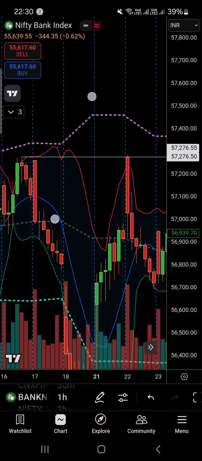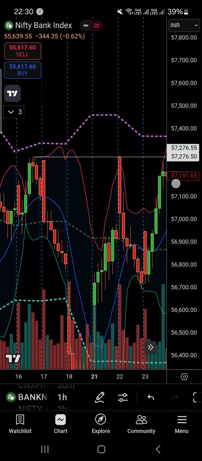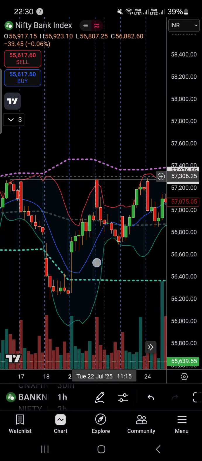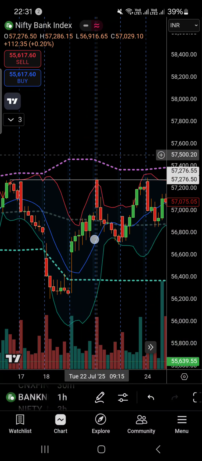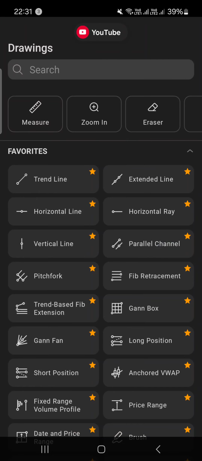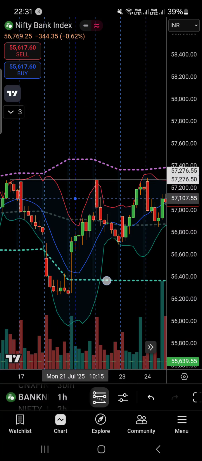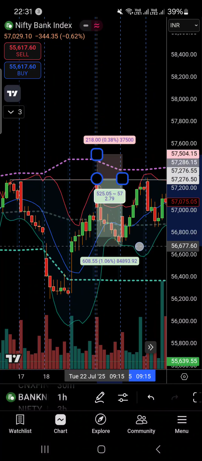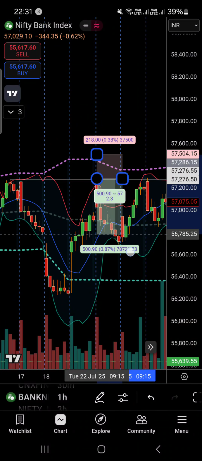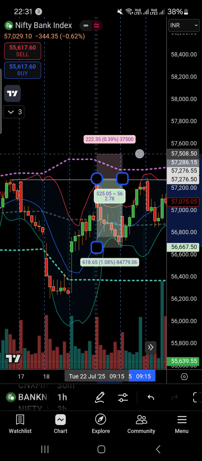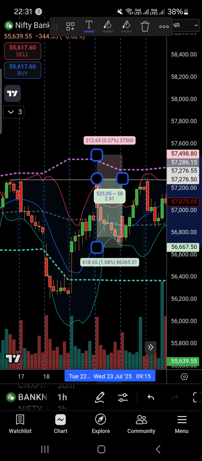Now in this case you can consider a short trade here, put a stop loss here, just put one stop loss here and target to the lower end of the Bollinger Band, something up to this zone you can say, and the stop loss is here.